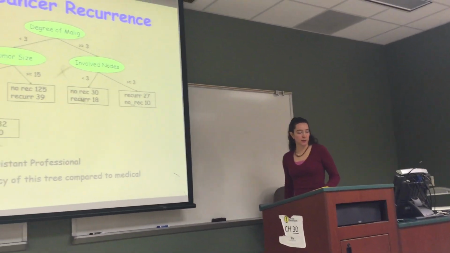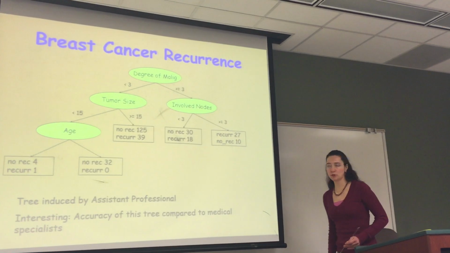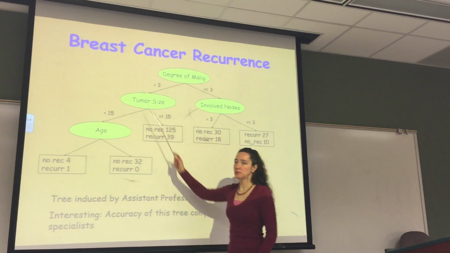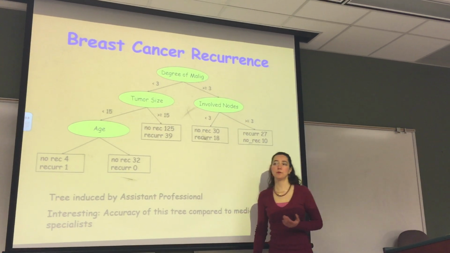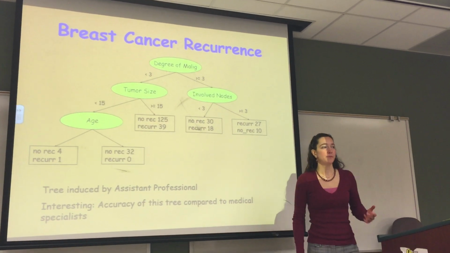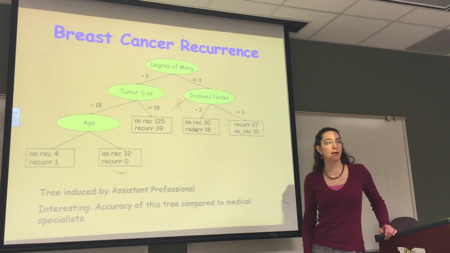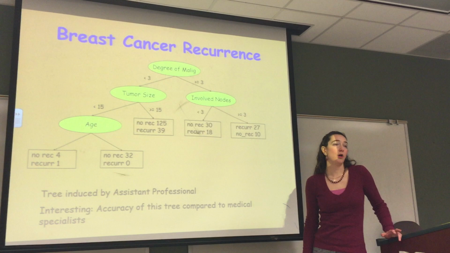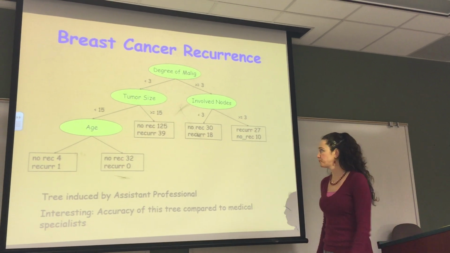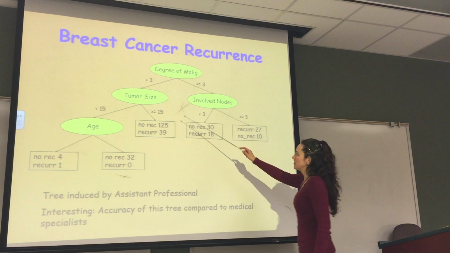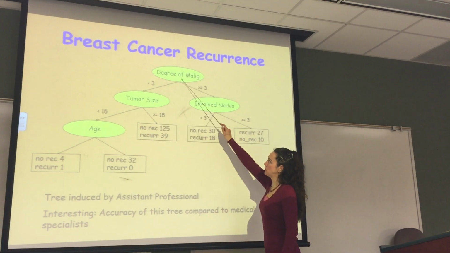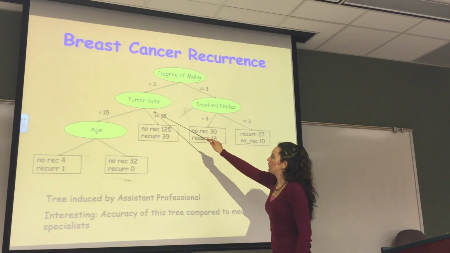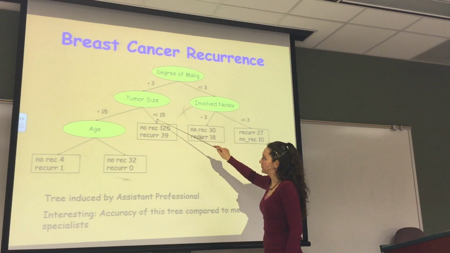That's another medical data set that shows, when we have breast cancer, after the breast cancer has been treated, whether it is likely that the breast cancer will reoccur or if it will go away and be cured. And so, the first attribute that was used, degree of malignancy. If it's less than 3, then we have to look at the tumor size.